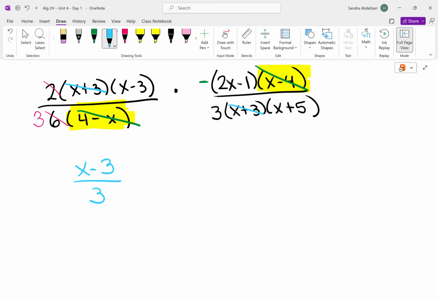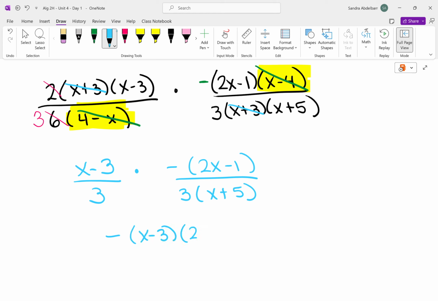Okay, so here we have x minus 3 over 3 times the negation of the quantity of 2x minus 1 over 3 times the quantity of x plus 5. So now there is nothing else to cancel. What we're going to do is we're just going to multiply these, but I'm not going to actually FOIL.